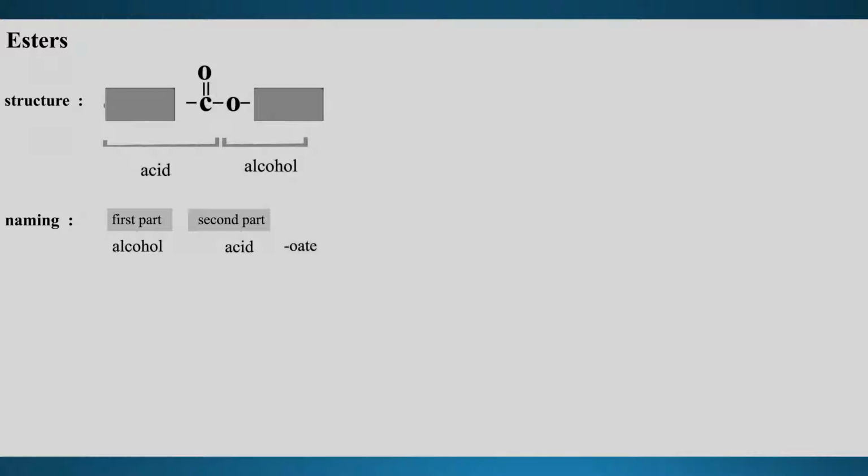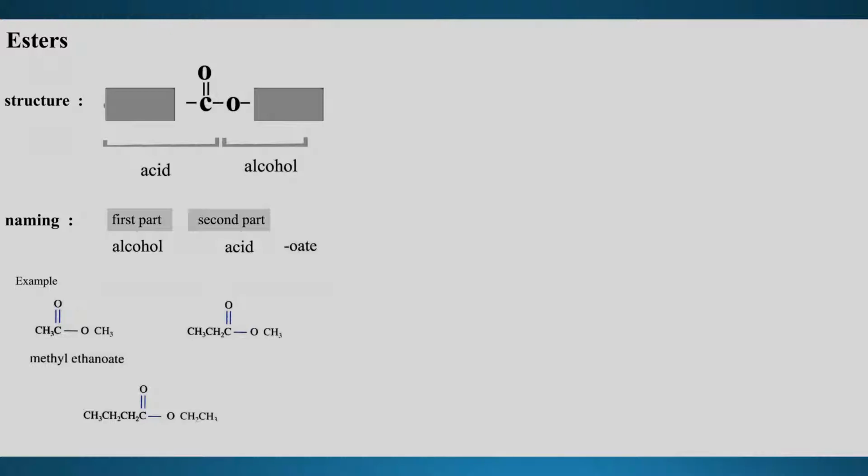Now we do examples. First example: you identify which part is the acid and which part is the alcohol. This part is the acid, 2C acid, and 1C alcohol. So what's the name?